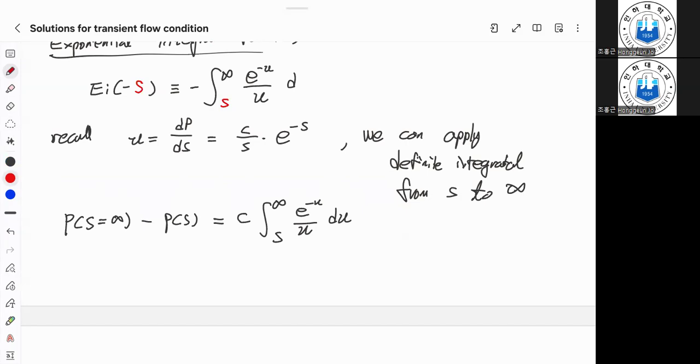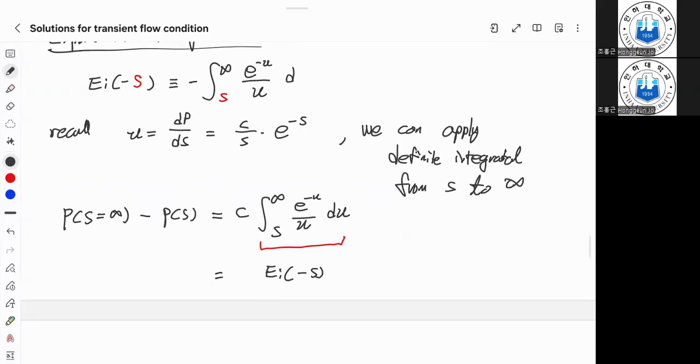And then this part can be written as c times Ei of minus s. We also put the minus in front before the c, because of the definition.